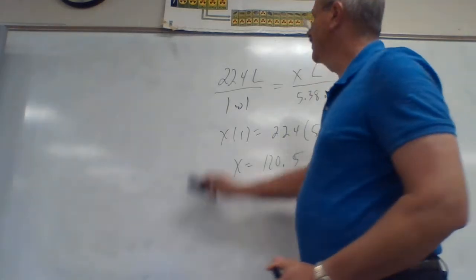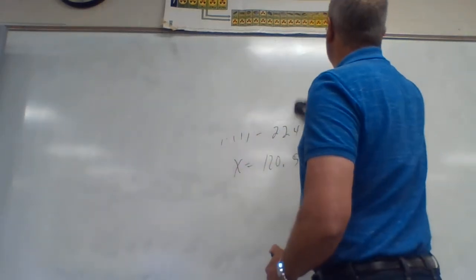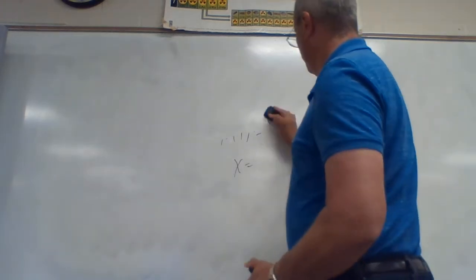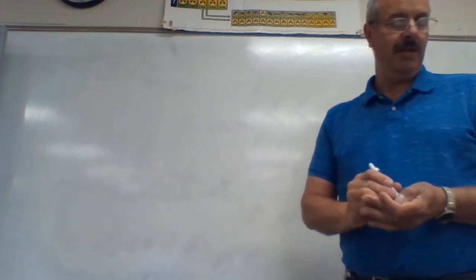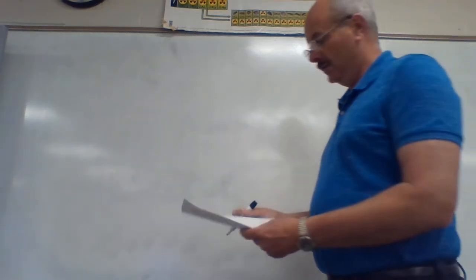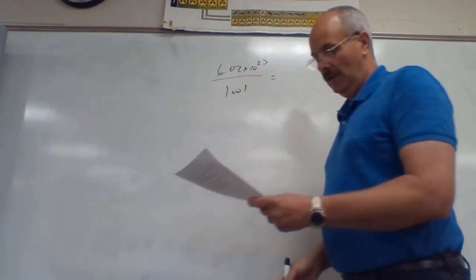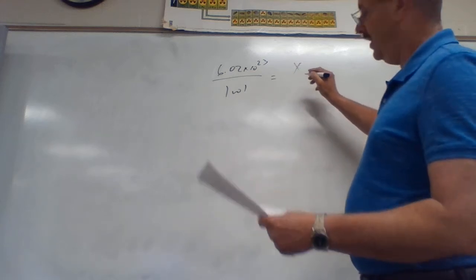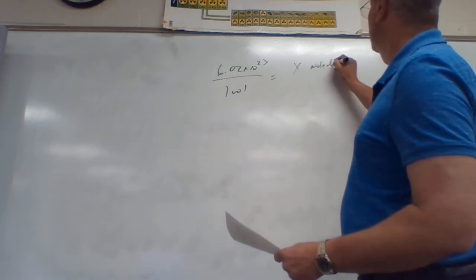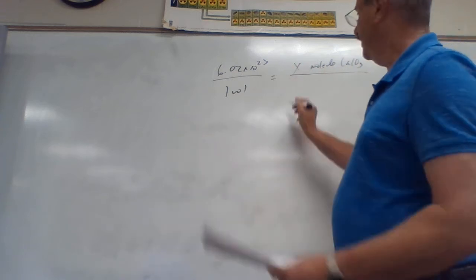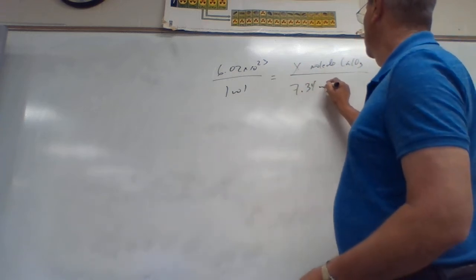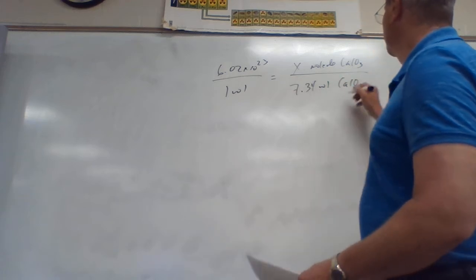All right, on to number 3. Again, they're asking for how many given a certain number of moles. So we've got to use 6.02 times 10 to the 23rd is 1 mole. And we want to find out X molecules of calcium carbonate, given that we have 7.34 moles of calcium carbonate.